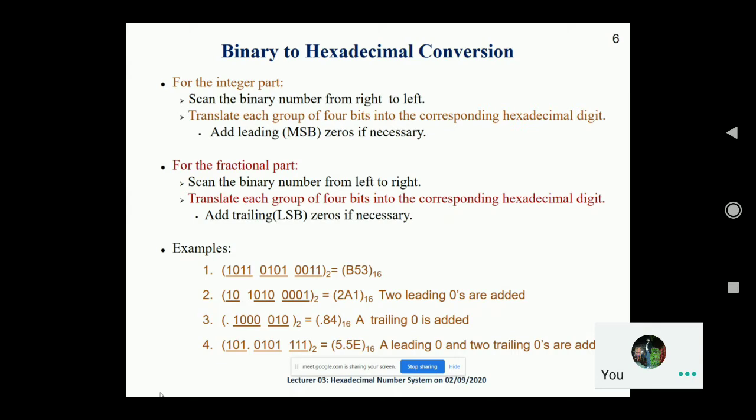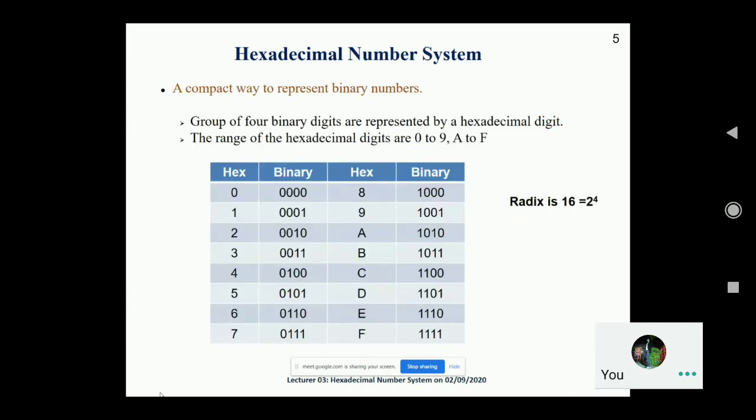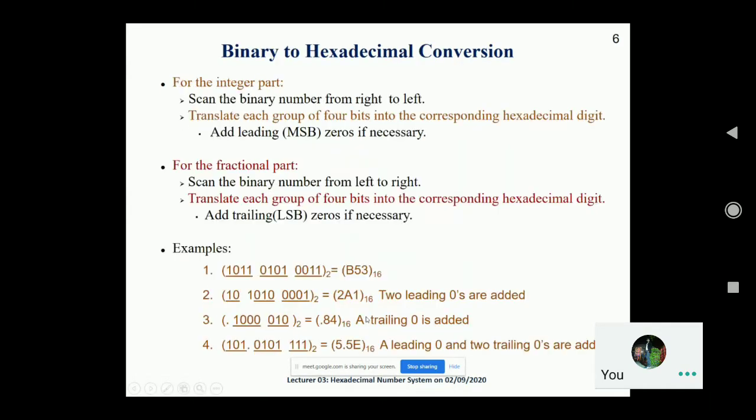So 14 is represented as E in hexadecimal. When we make the 4-bit sequence, this 11 changes to 1110, which represents capital letter E. So here I am writing a leading 0 and 2 trailing zeros are added.